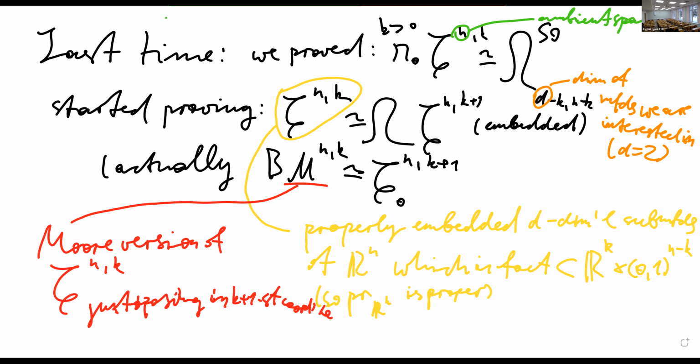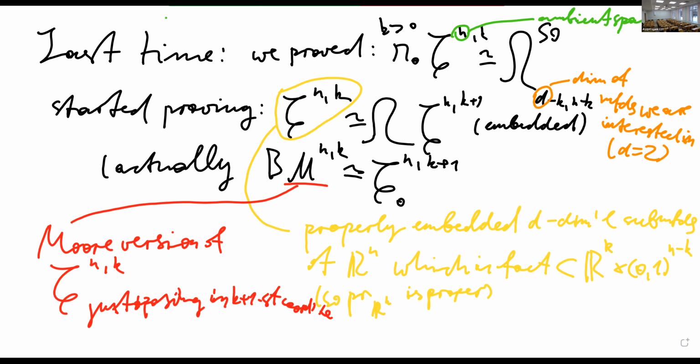Now, and then we want to make a Moore version, which means in the Moore version we let the k plus first coordinate be anything from 0 to some positive real number a, and then we get a strictly associative monoid, and then we take the classifying space.